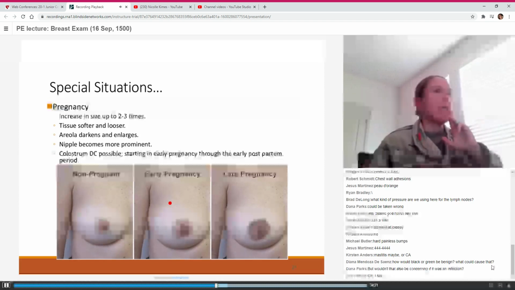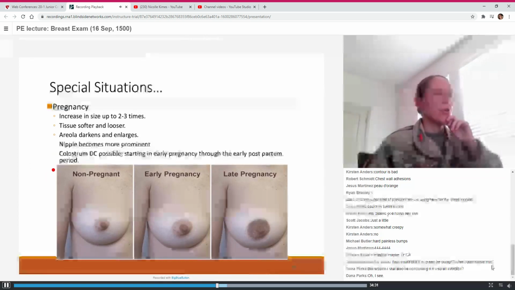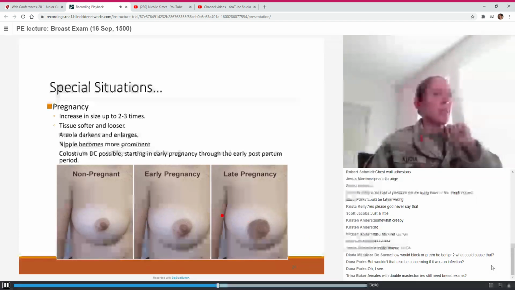So yes, in pregnancy, here we go. Late pregnancy, the areola is bigger and darker. The tissue has gotten larger. Things have grown. And it's possible to have some colostrum discharge throughout pregnancy. So that would not be a surprising finding if you're doing the clinical breast exam.